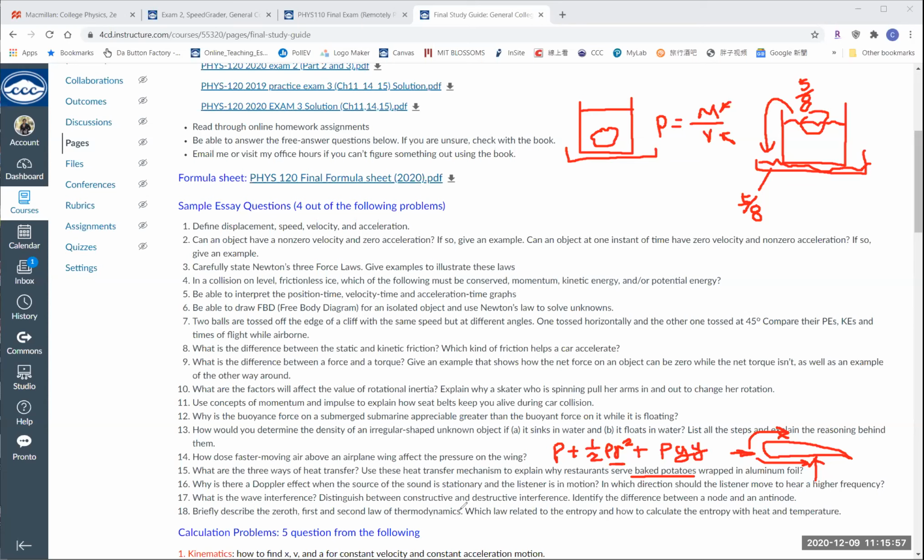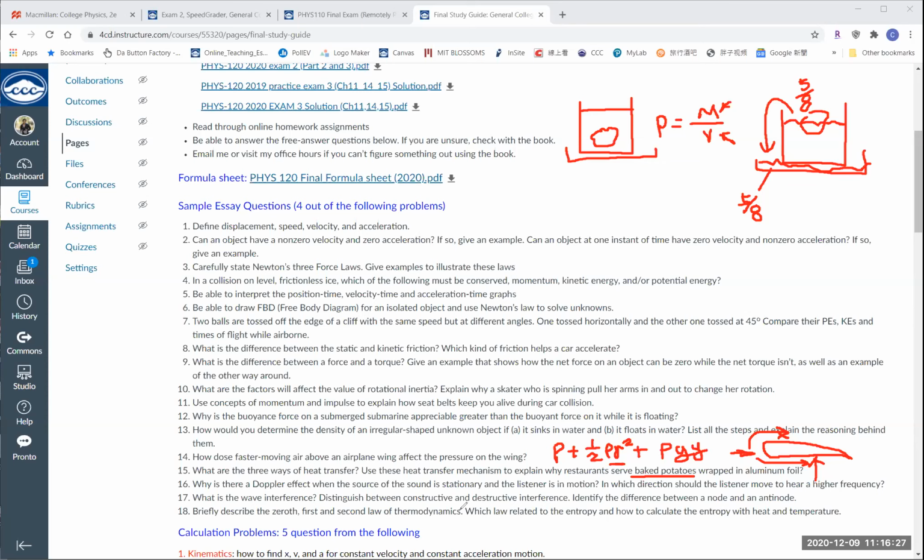Either one of them moving, then you will hear the sound differently. If they're moving toward each other, getting closer and closer, then the frequency of the sound wave will increase. If they're getting away, then the frequency will decrease. So that's the Doppler effect.